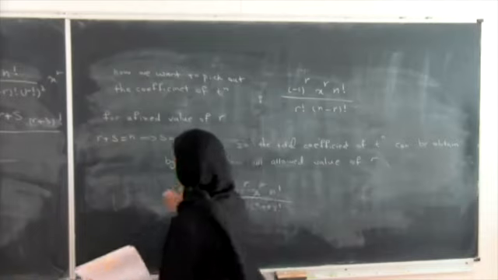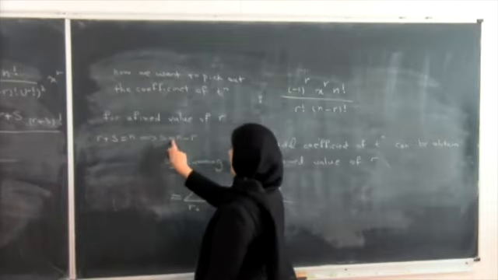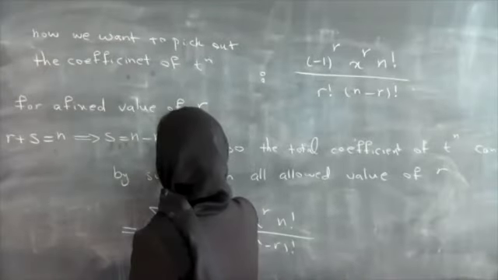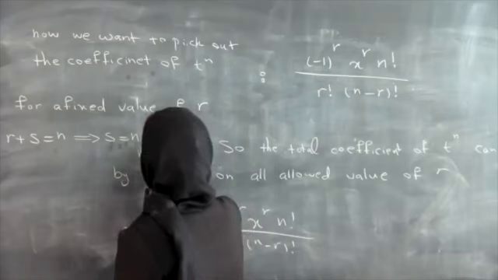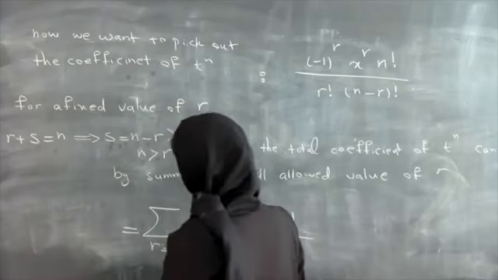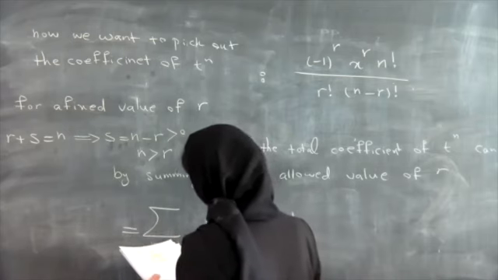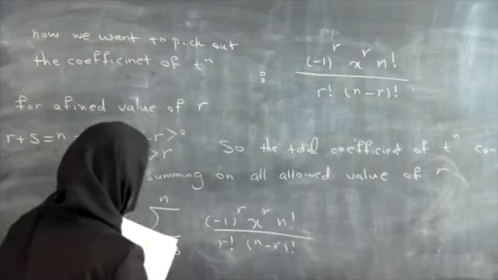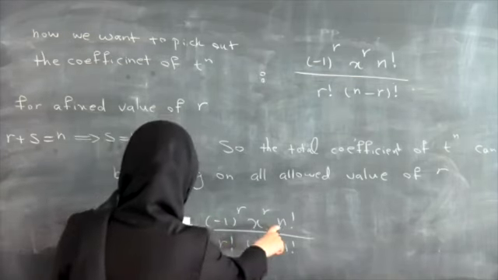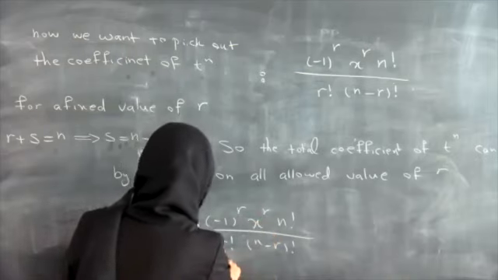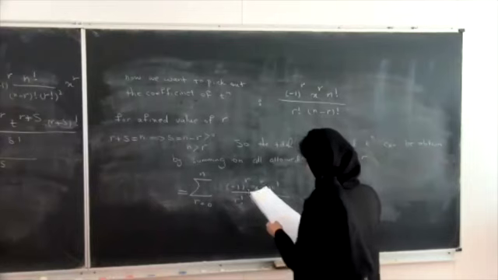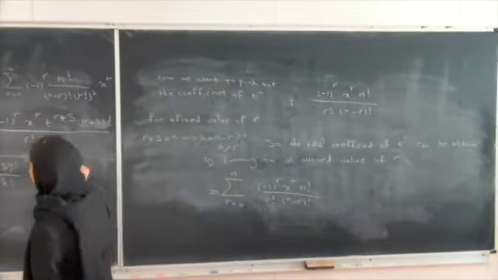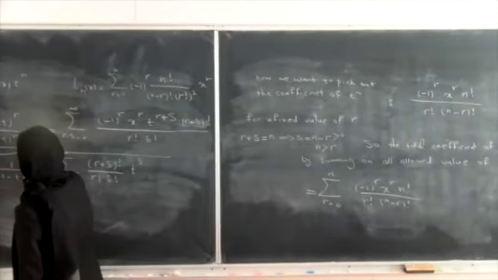And here we have s equals n minus r, and we know that s is bigger than or equal to 0, so we have r less than or equal to n. So in this section, we have the sum over r from 0 to n of (-1)^r n factorial x^r over (n-r) factorial times r factorial squared. I should check it. Okay, here we have a mistake.